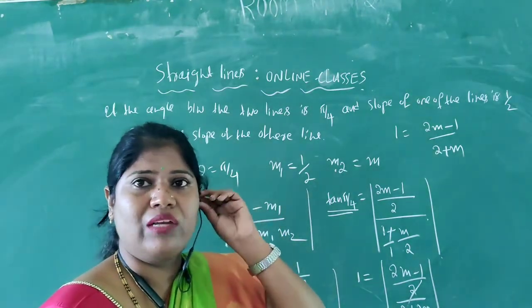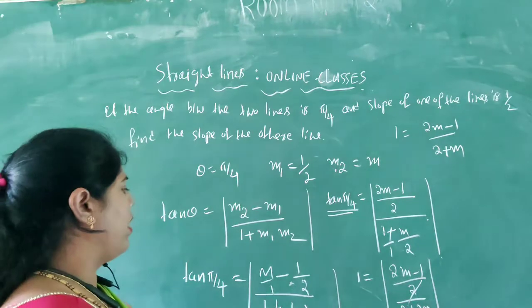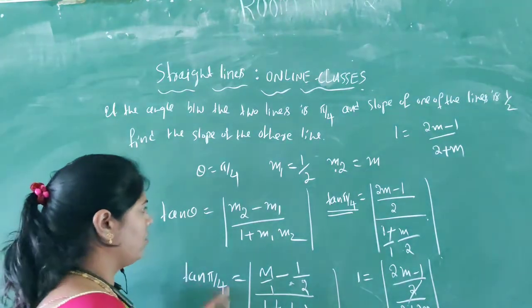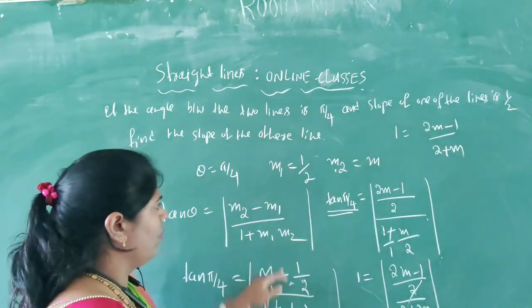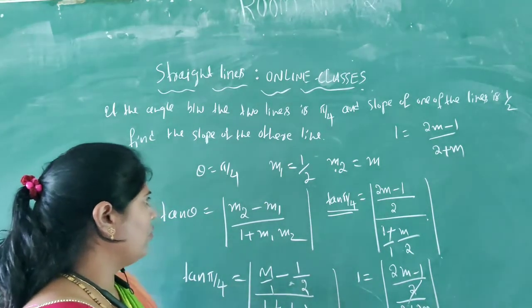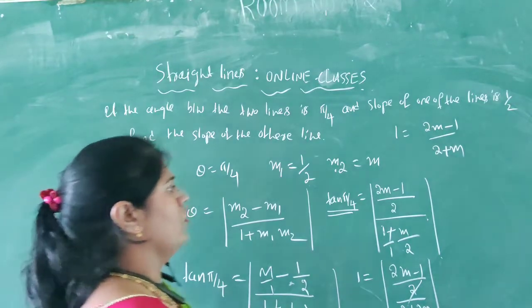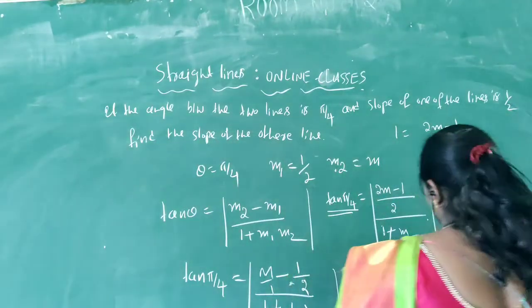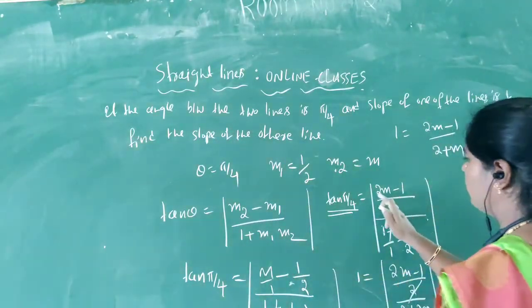What will be theta value? Theta is equal to pi by 4. So next m2 is m minus m1 is 1 by 2 divided by 1 plus m1 is 1 by 2 into m2 is m. So next step, we are substituting.